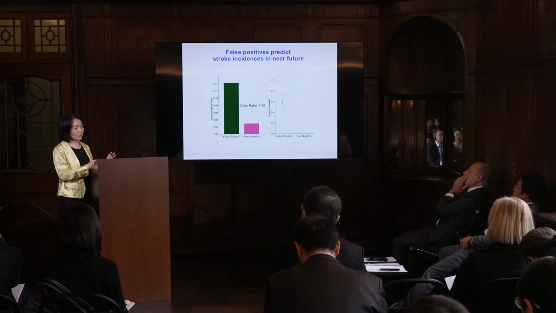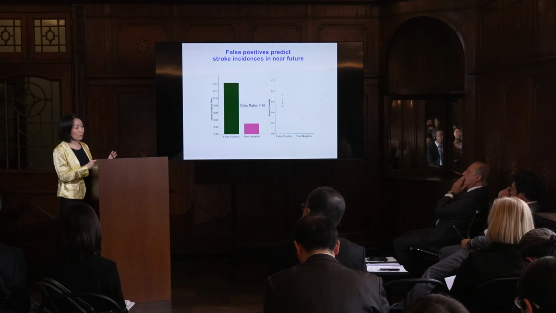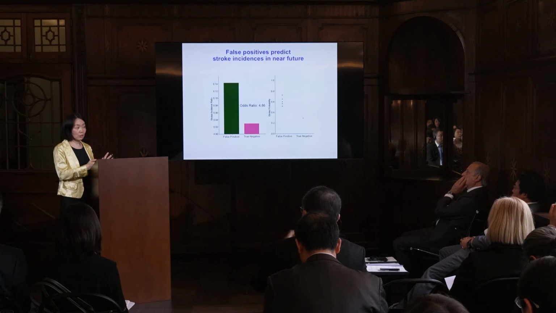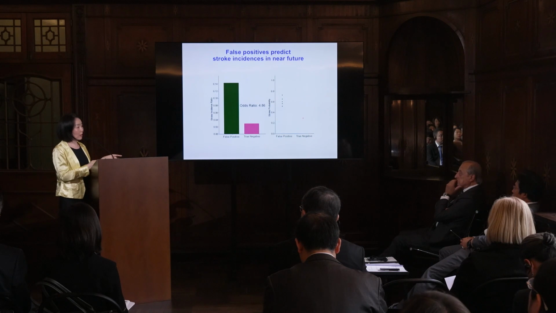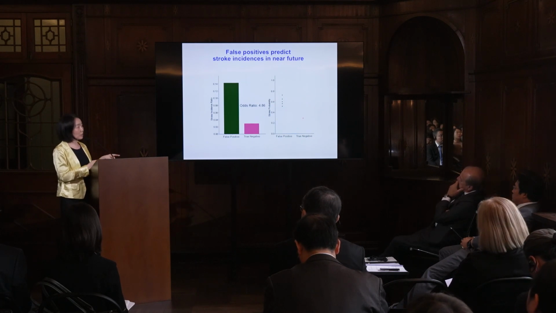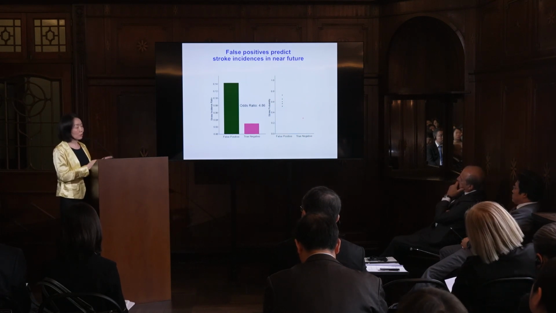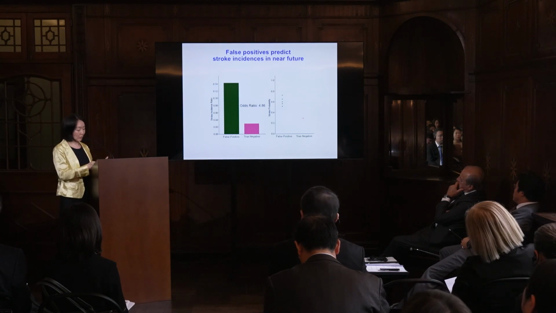5 out of the 34 people indeed developed a stroke in the last 2 years, even though they were not diagnosed. Whereas in the true negative prediction, there's only 1 incidence.